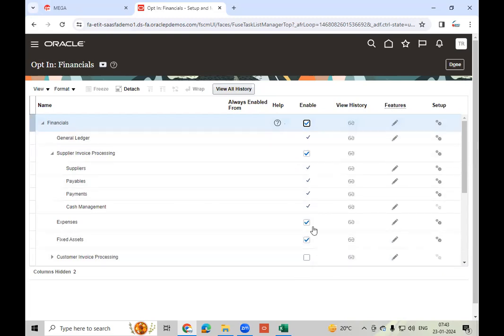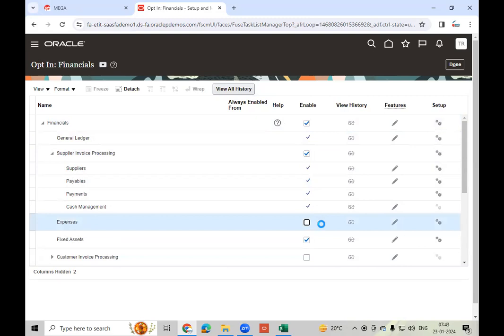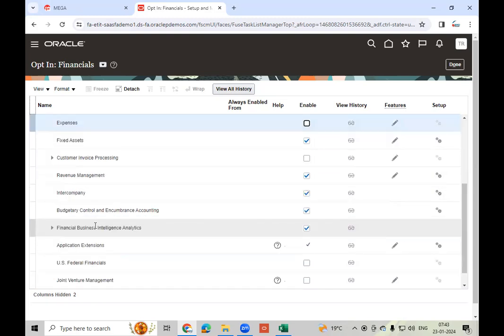See now, in that offering, again here, expenses, fixed assets. Suppose I don't want to implement the expense module. You disable it like this, or don't enable the checkbox. Then the expense module will not appear in the financials offering.